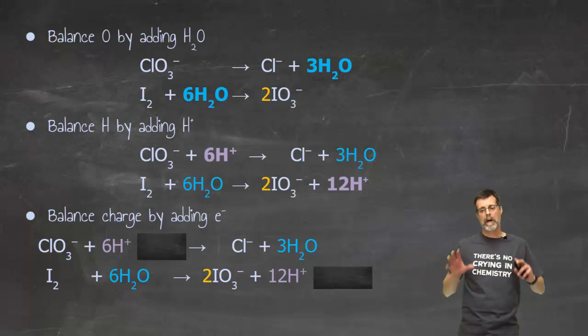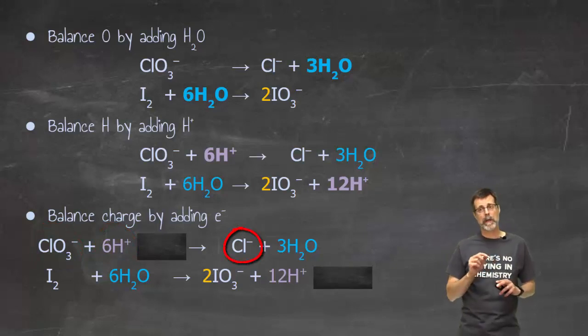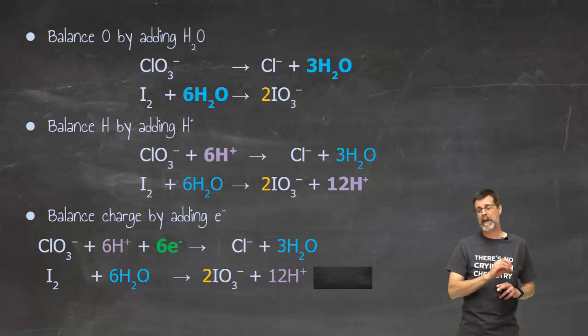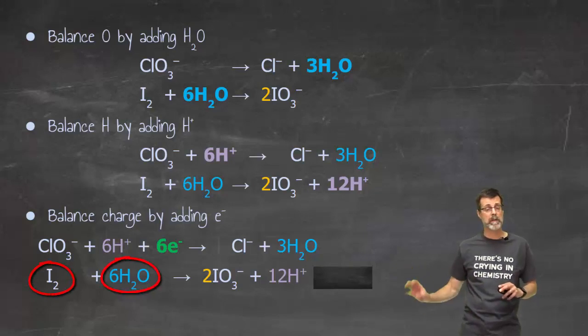So on the chlorine reaction, I've got a -1 plus 6. Total is +5 on that reactant side. On the other side, I've got a -1. So I can bring my +5 down to -1 by adding 6 electrons. In the second reaction, iodine neutral, water neutral, 0 charge on the reactant side.